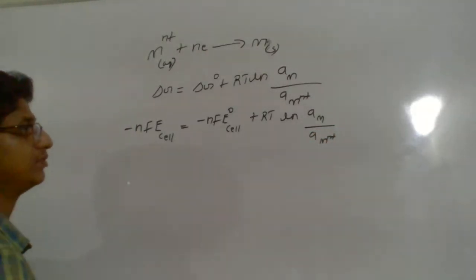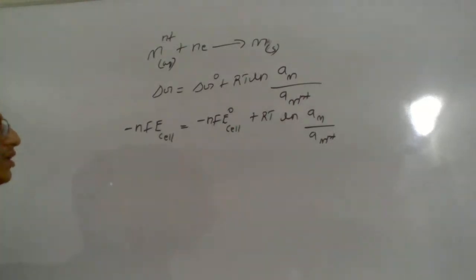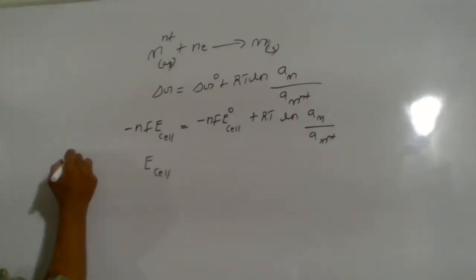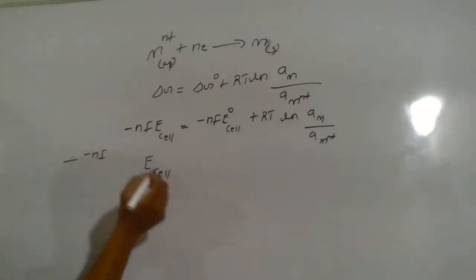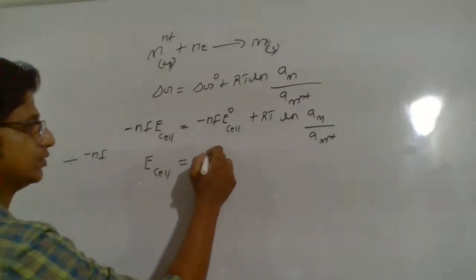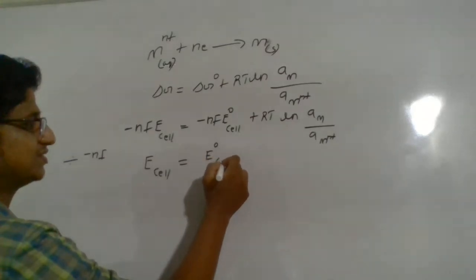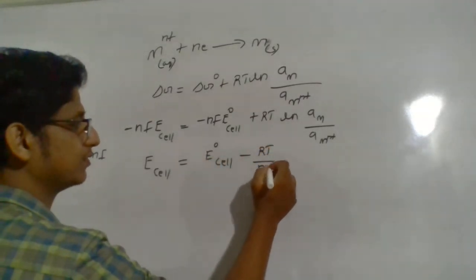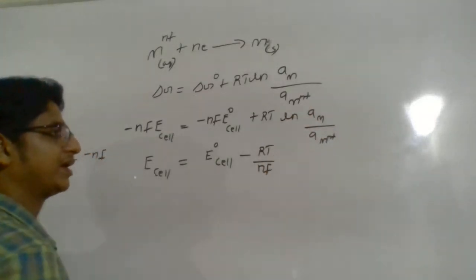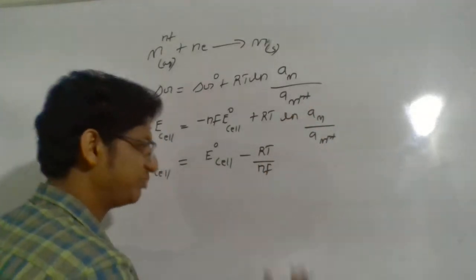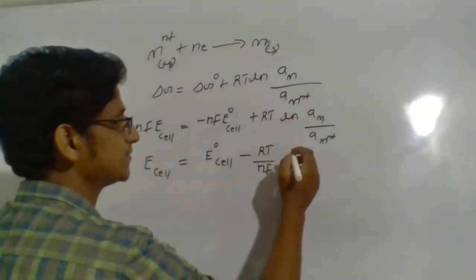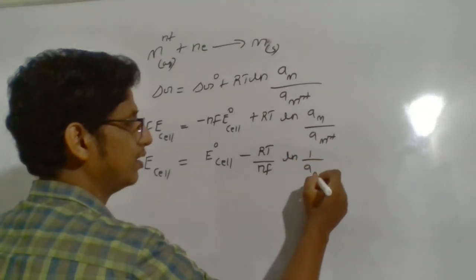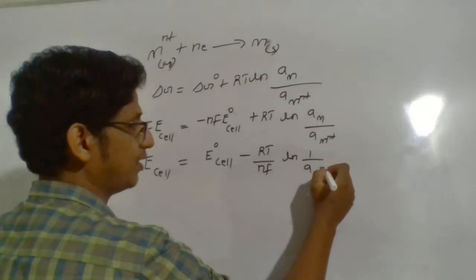Now the next step is to divide by minus nF. So you will get E cell equals E0 cell minus RT by nF. Now ln of the activity of the metal we can take as unity, so it will be ln of 1 by the activity of M^n+.